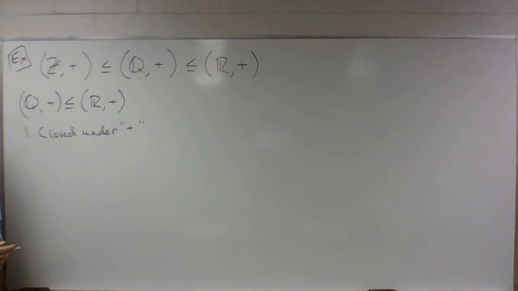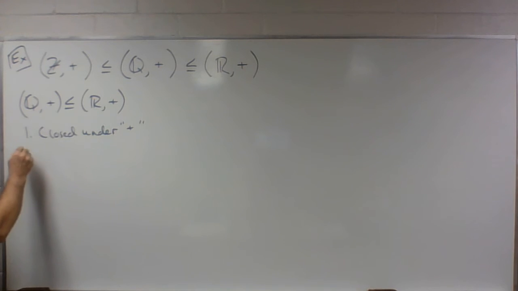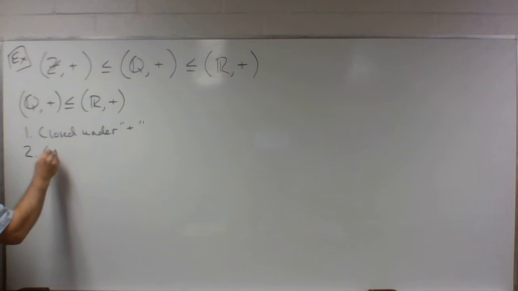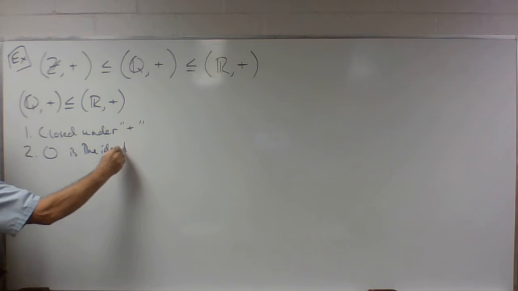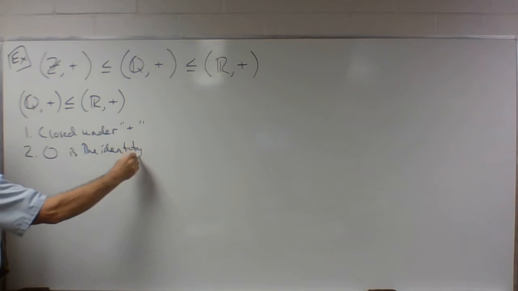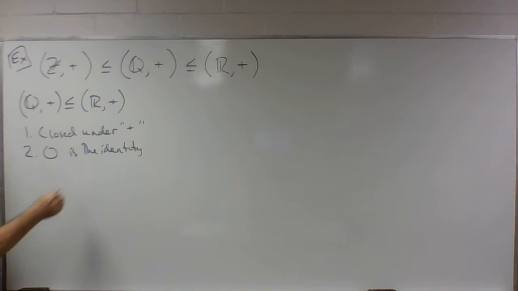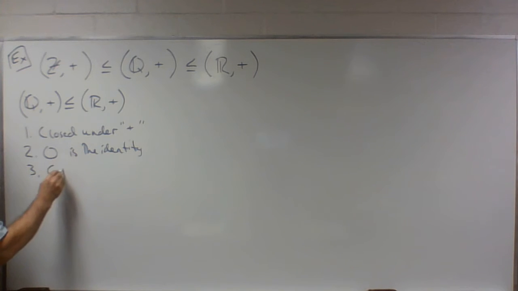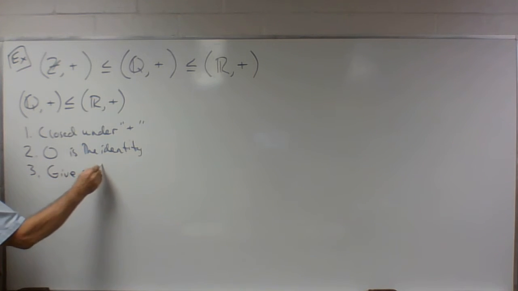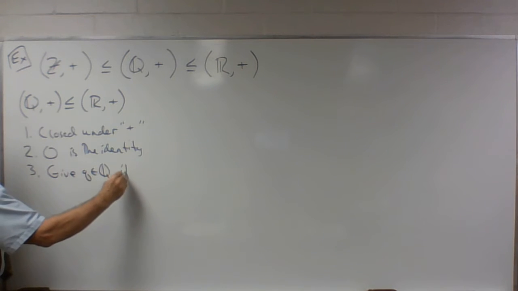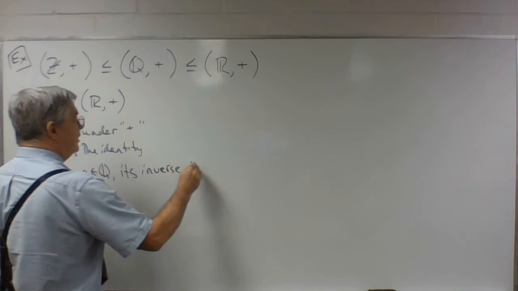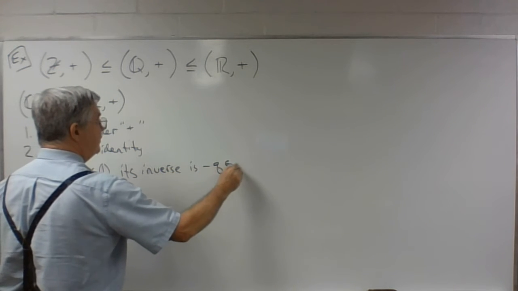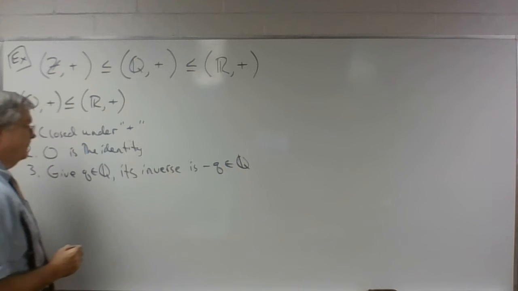We add any two rational numbers, we get a rational number. Okay, 2, 0 is the identity, and 0 is a rational number. And given a rational number q, its inverse is negative q, which is also a rational number.